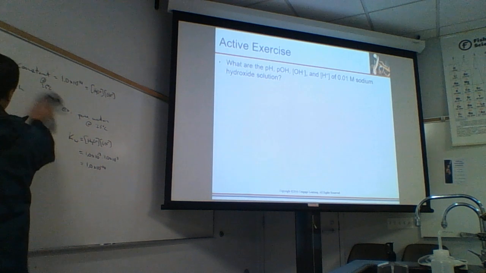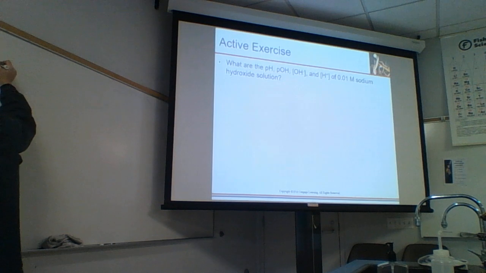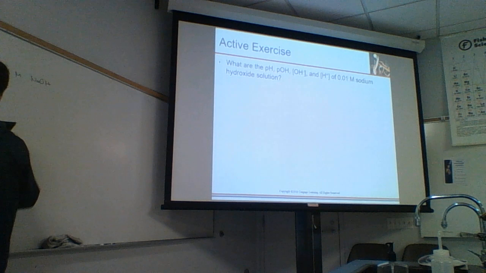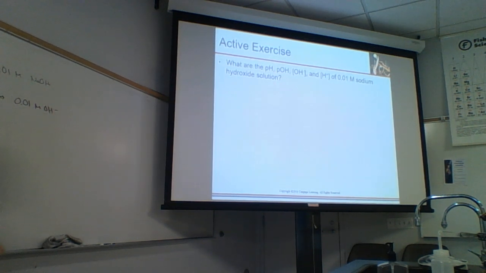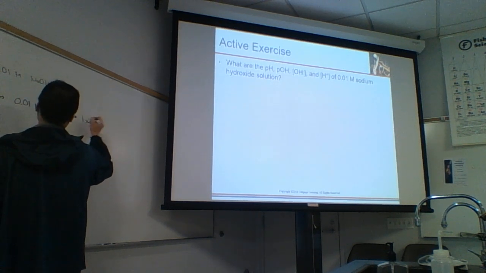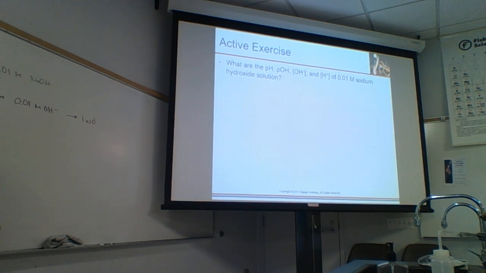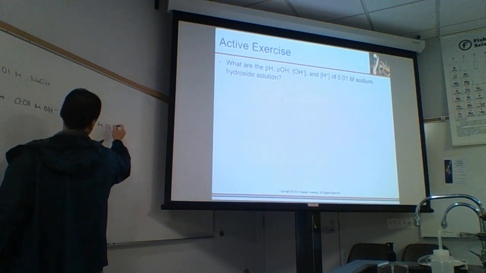Okay, so 0.01 molar sodium hydroxide means that we have 0.01 molar hydroxide, since sodium hydroxide splits up into sodium and hydroxide ions, which means that this is 1 times 10 to the minus 2 molar hydroxide.